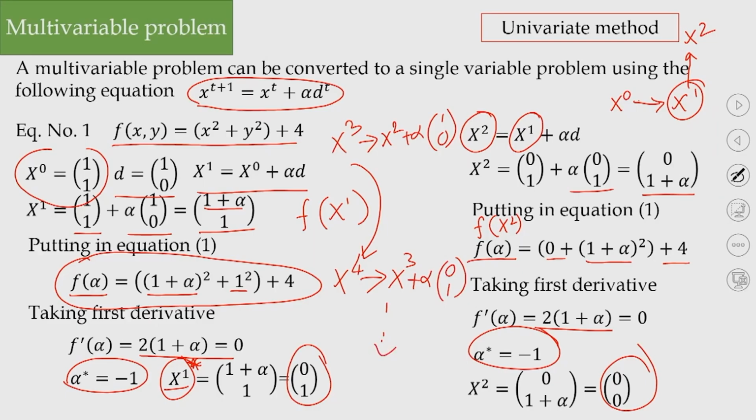So you just see that in every iteration you are solving a single variable optimization problem. That means you are doing a line search along a particular direction. So your problem is a single variable problem. Now this particular problem we have solved using the univariate method. That means at a time we are going along one variable. In this case we have two variables, so initially we are going along the x direction and then the y direction.